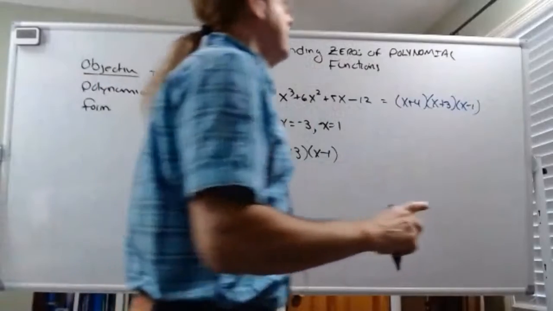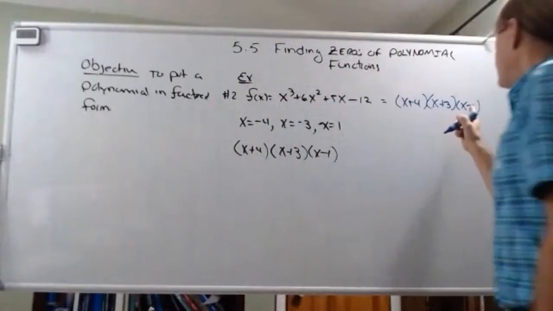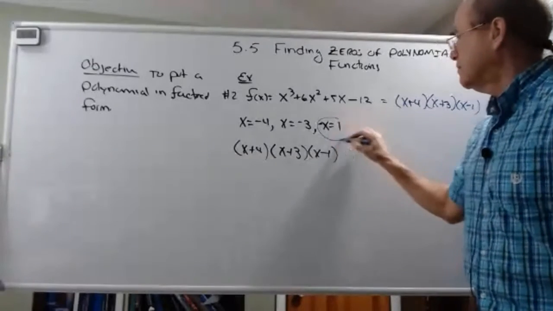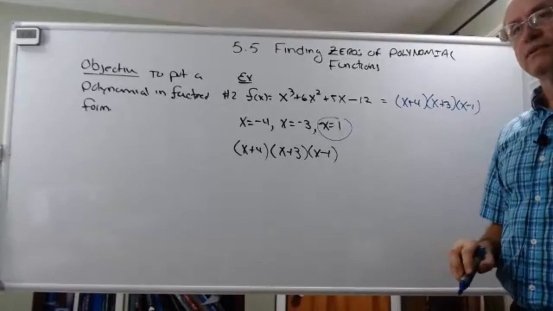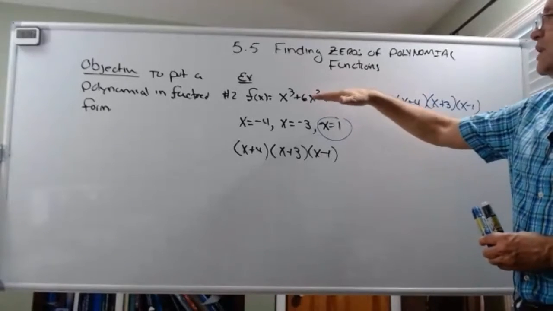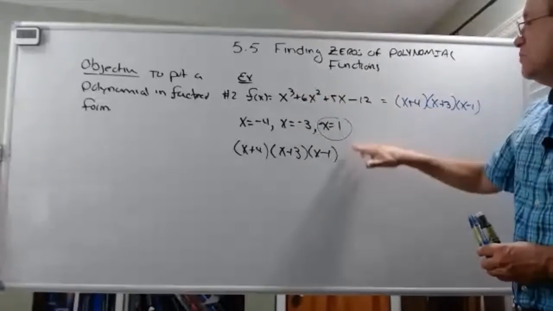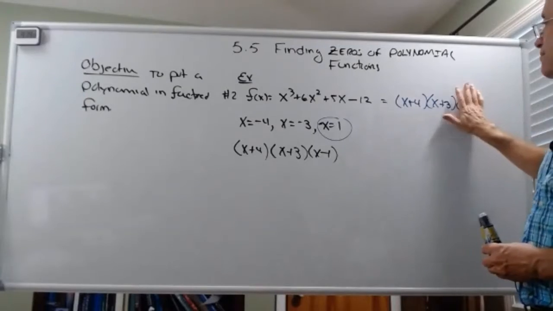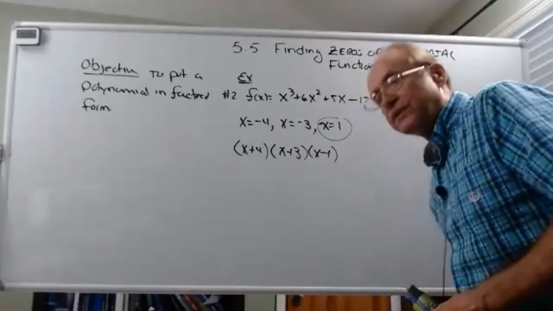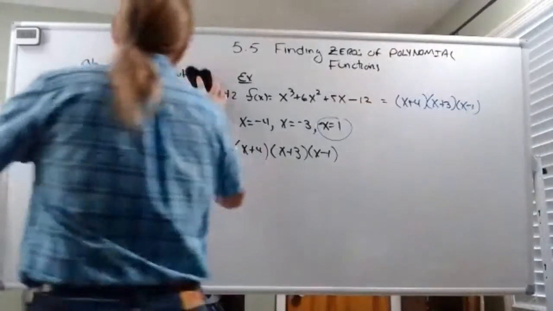Now let's say, for example, I only discovered that 1 was a zero. Maybe I only saw this one. What could I do? We're going to see a few in a minute, but I'll do an easy one. What I could do is remove this factor from that polynomial. This is what we employ long division for.